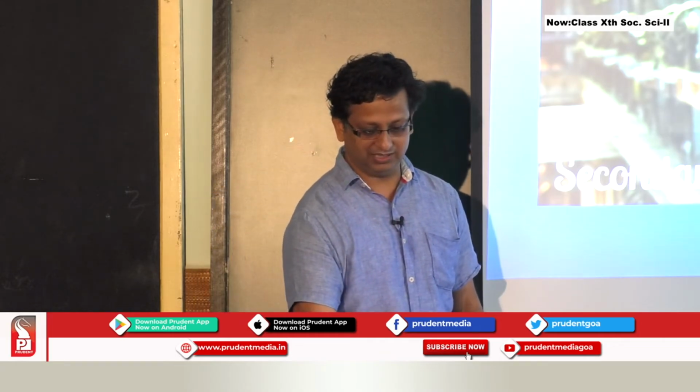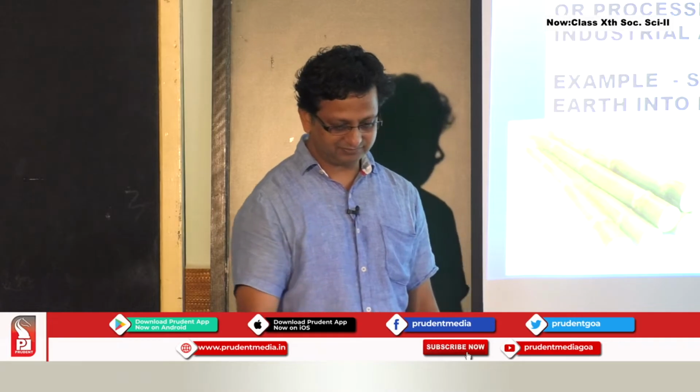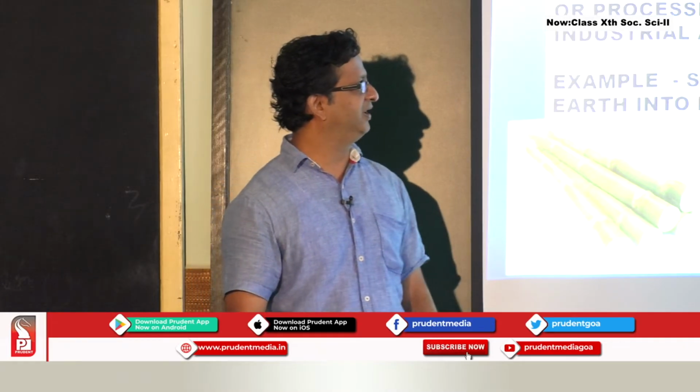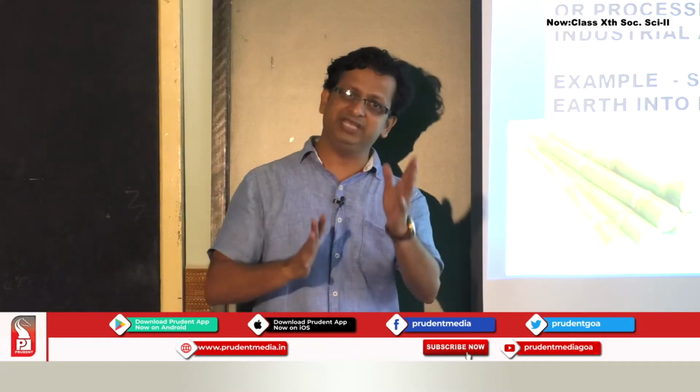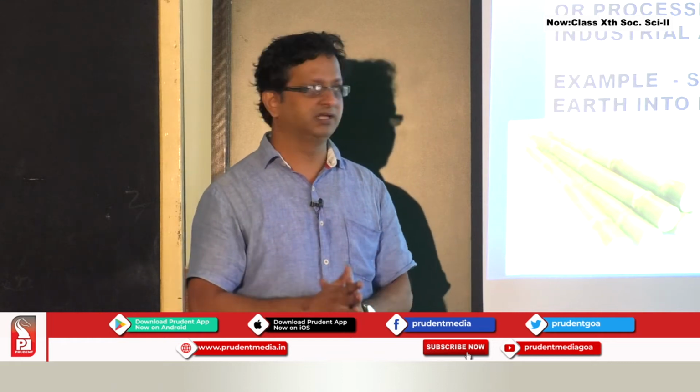Okay, so let us take an example. I'll just read the definition for you all again. The secondary sector covers activity in which the natural products are changed into other forms through a way of manufacturing or processing that we associate with industrial activities. So here industries play a very important role.